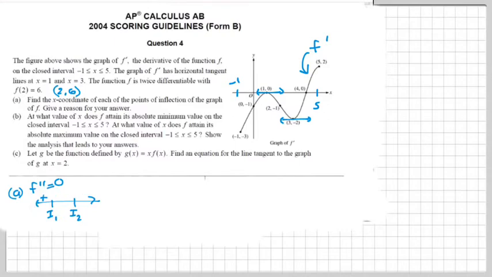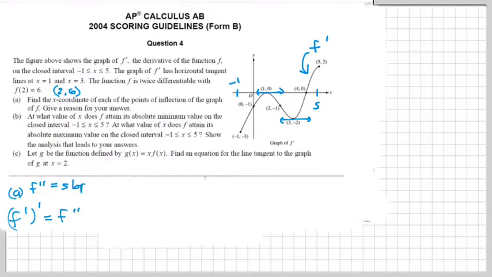So what does f double prime have to do with our function, f prime? What is f double prime on this graph? If you have f prime and you take the derivative of it, you get f double prime, right? And so what would f double prime be to f prime?